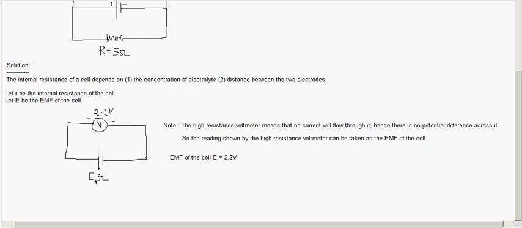So in the second case it is given that the terminal voltage across the cell when the 5 ohm resistance R is connected across it is V equal to 1.8 volt.